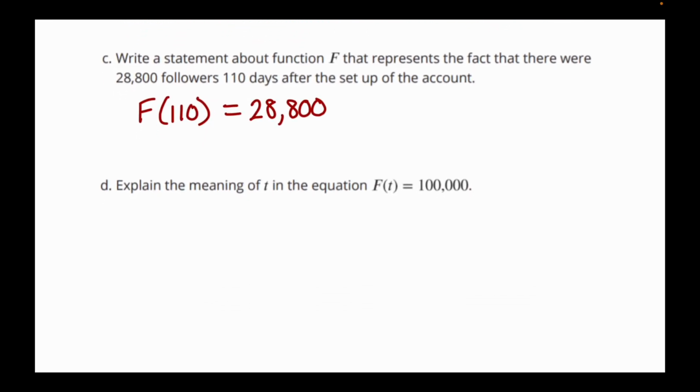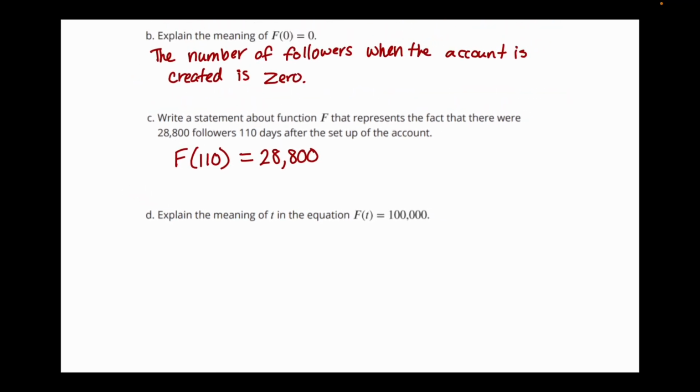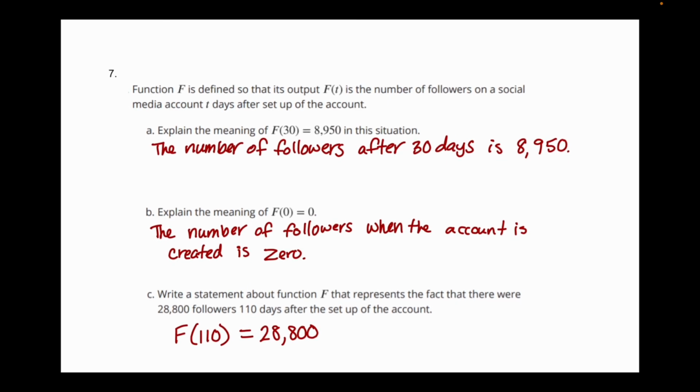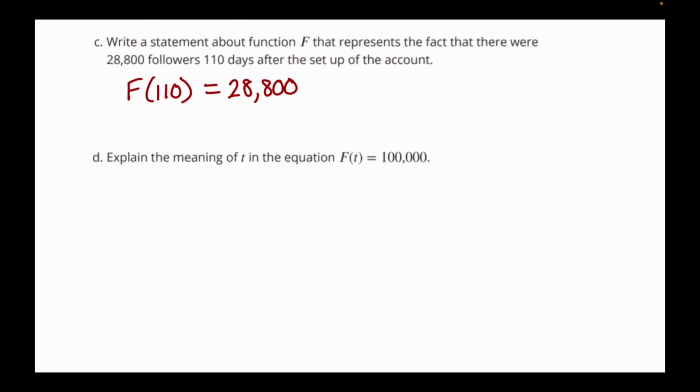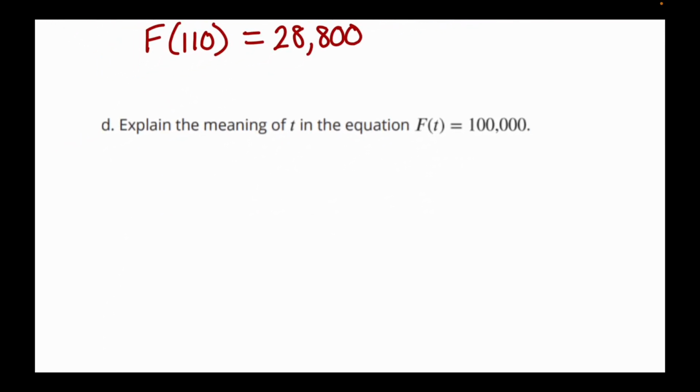Explain the meaning of t in the equation f of t equals 100,000. Well, t in the original function is t days after setup of the account. So in this case, they're asking us how many days after the account is set up will it have 100,000 followers?